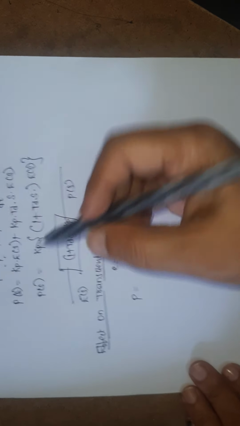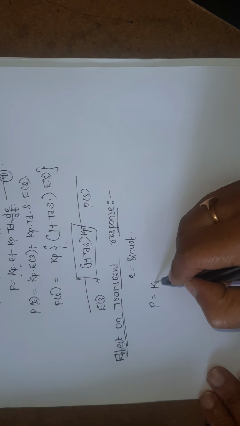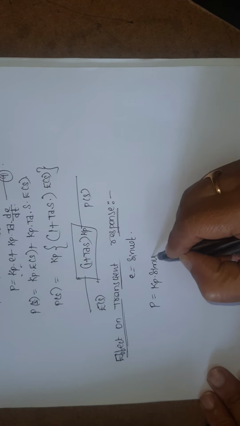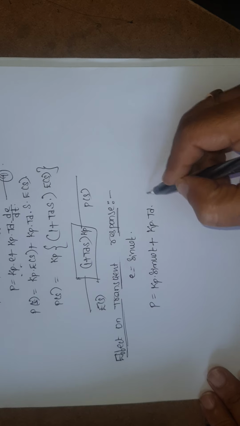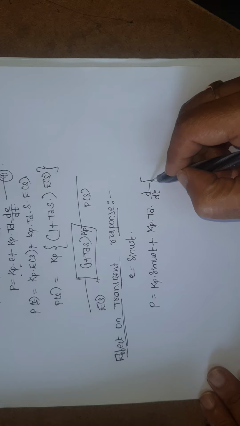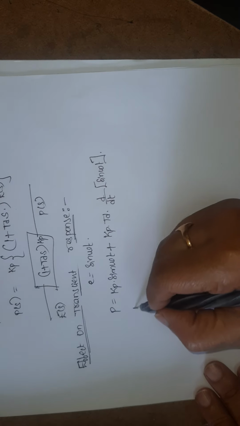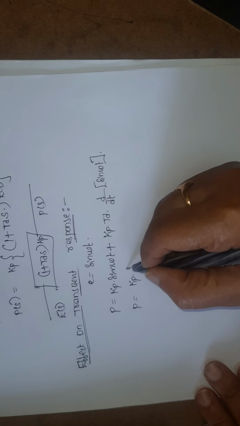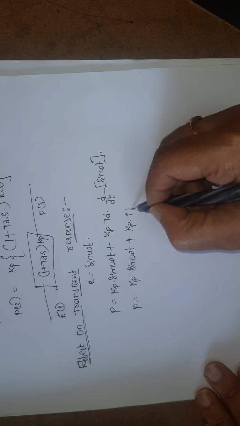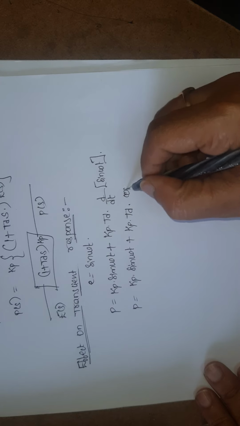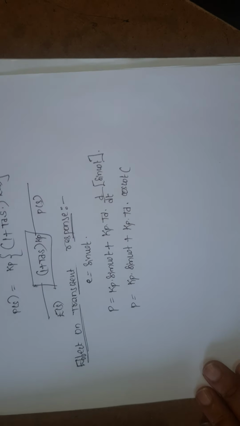So from equation 1, P is equal to Kp into sine omega t plus Kp into Td into d by dt of sine omega t. So differentiate the sine theta. So what we will get? Kp into Td into, the differentiation of sine theta is cos theta.